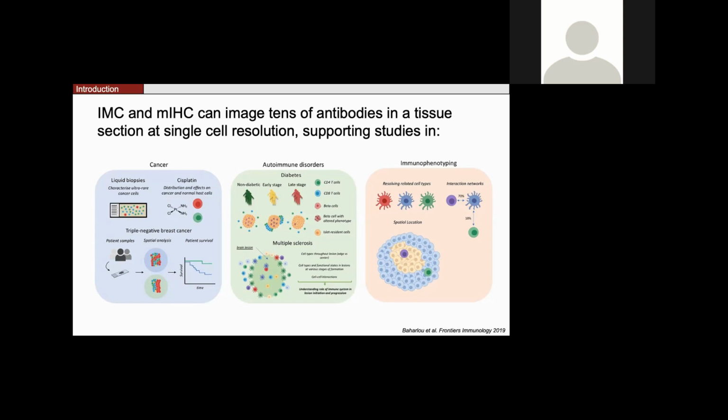This work particularly looks at immunophenotyping, which involves identifying the cell types present in a tissue section, and then looking at their relative spatial positioning and their expression to determine how those cell types might be interacting in that tissue section.